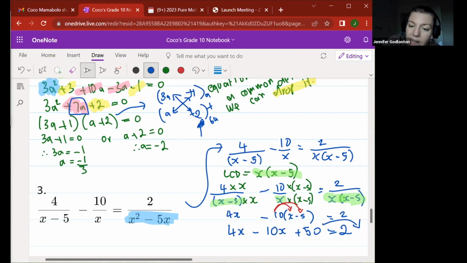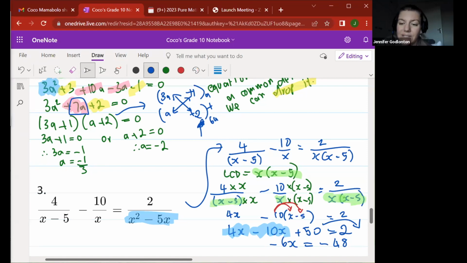Okay, so we're going to have this 4x minus 10x. I'll highlight them so you can see that they're the same. The 4x minus the 10x, that's going to be equal to negative 6x. And then when we move that 50 over, we're going to have 2 minus 50, which is going to become negative 48, because we're going to minus that 50 from the 2.